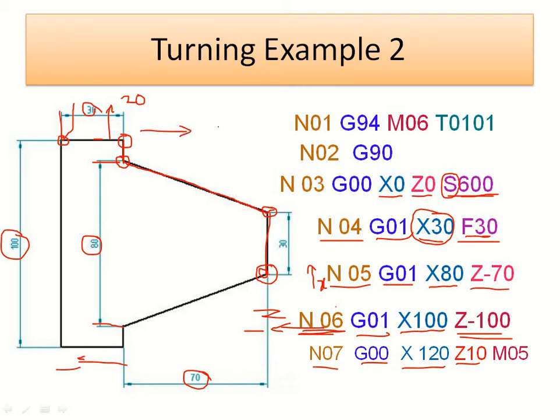This is the Z positive direction, meaning the tool will travel to this position rapidly. And M05 is the spindle stop.